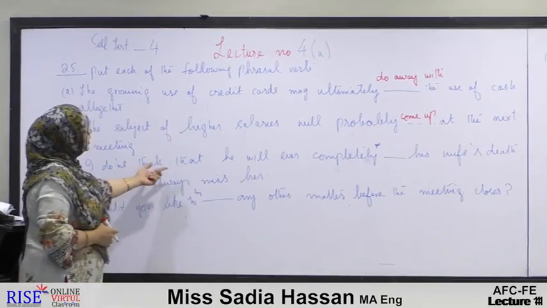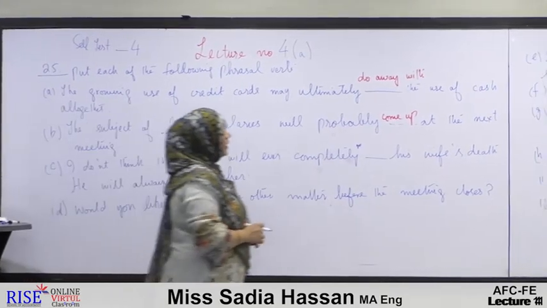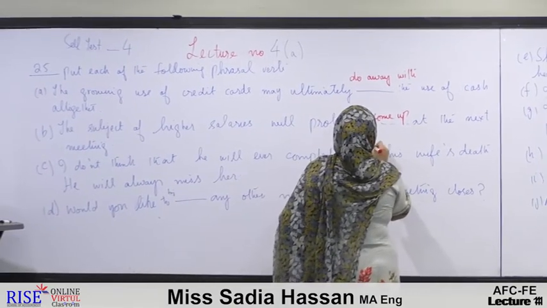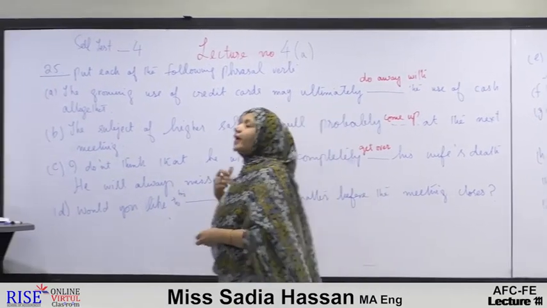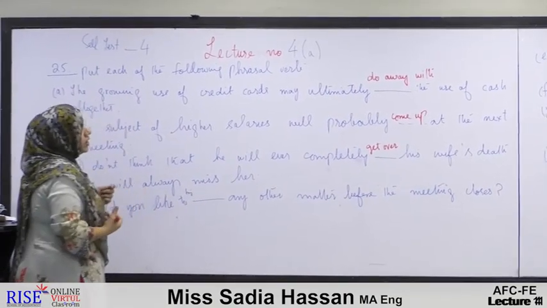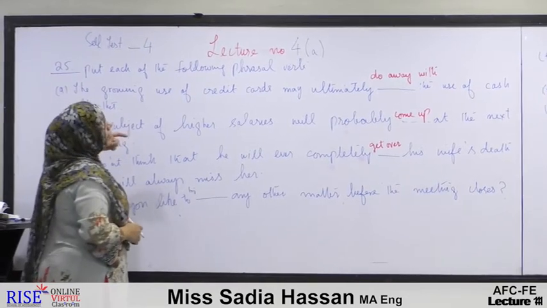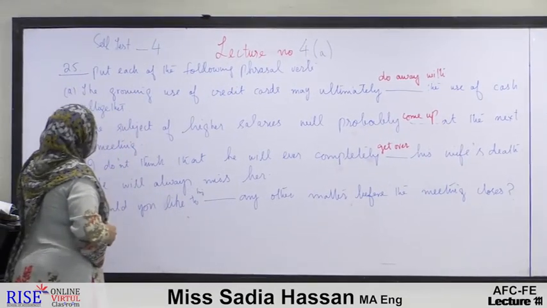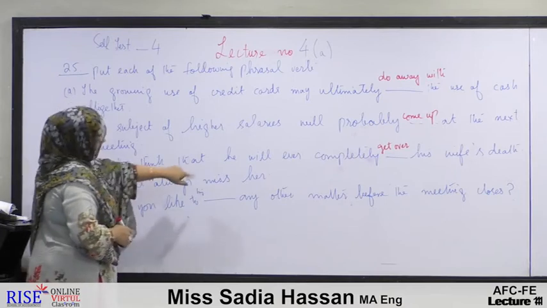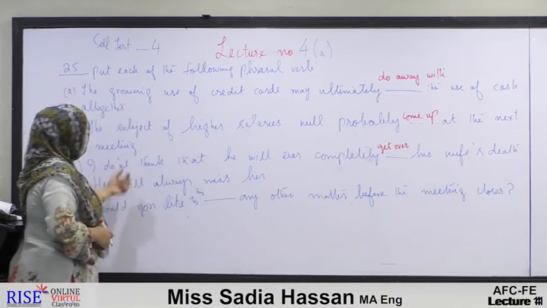I do not think that he will ever completely get over. By get over it means that he will not be able to forget that event. Fine. He will not be able to adjust to that matter. Fine. Get over his wife's death. He will always miss her. Okay, that was the remaining part of the sentence.